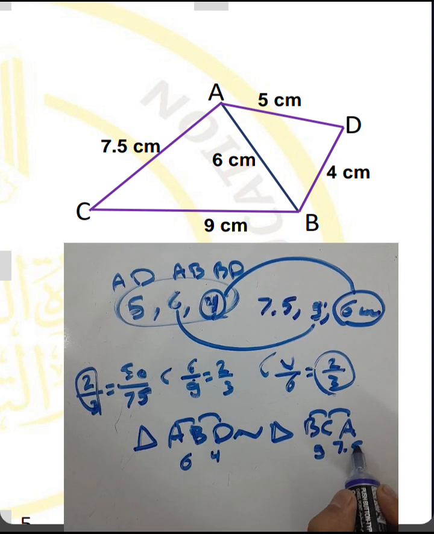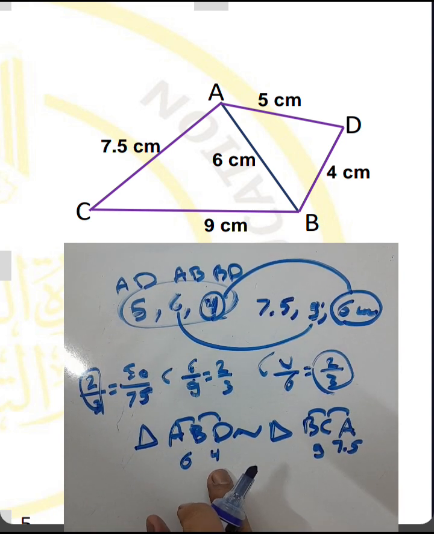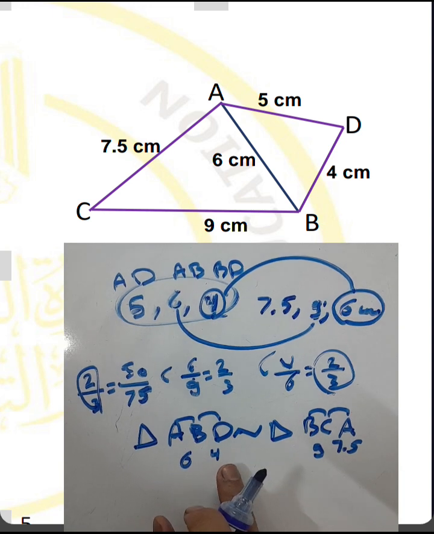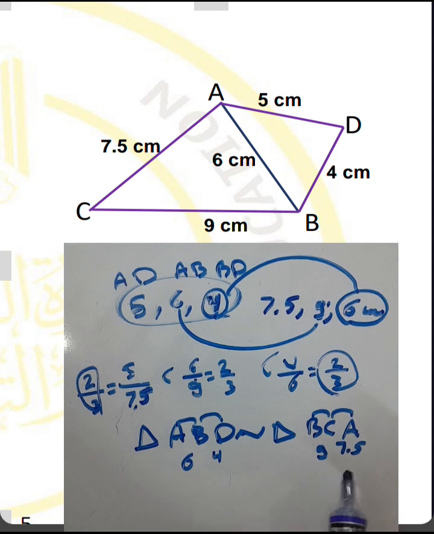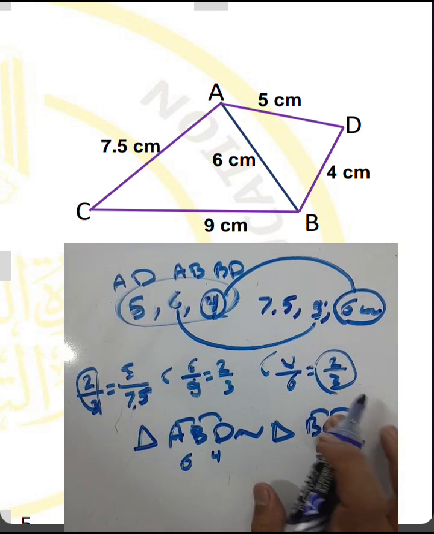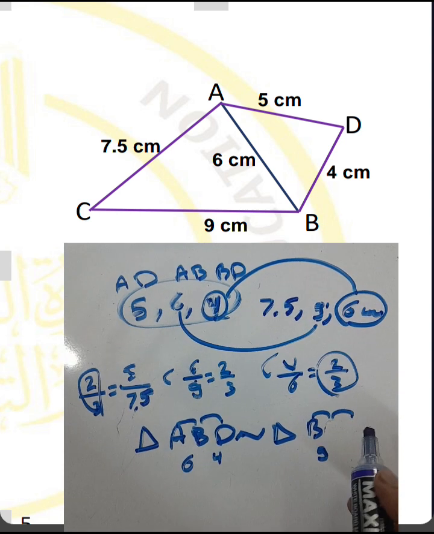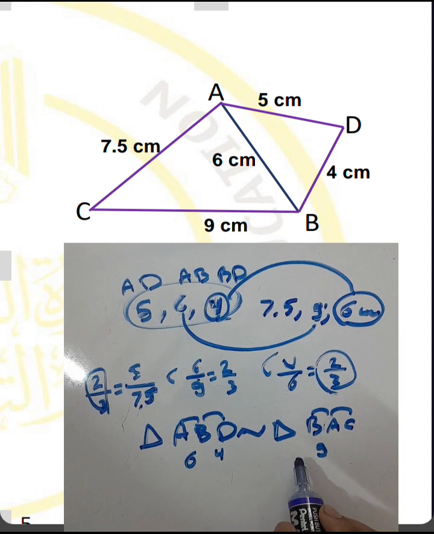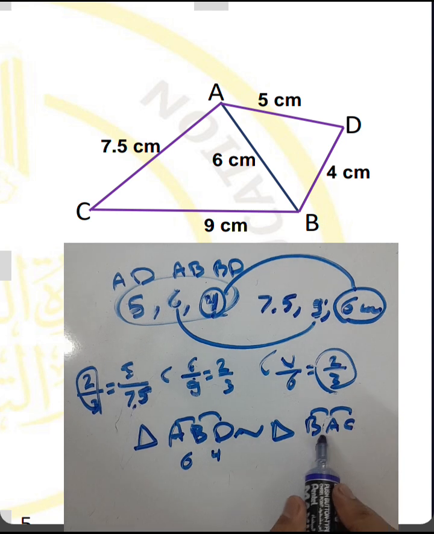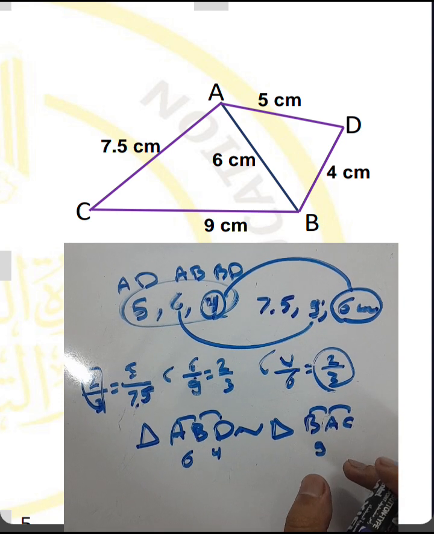Okay, AB was 6, BC was 9, BD was 4, CA was 7.5. Okay, you must change them. We want 5 and 7.5. You must change them. BAC. Okay, again, BA was 9, AC 7.5.